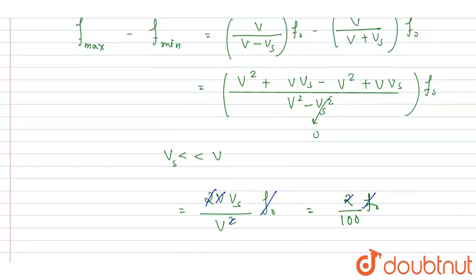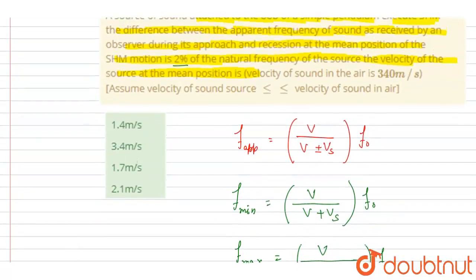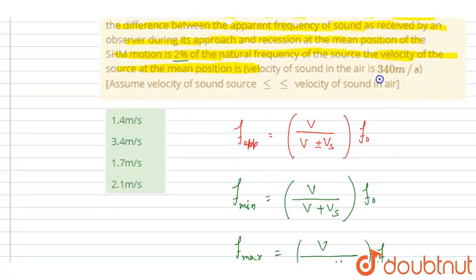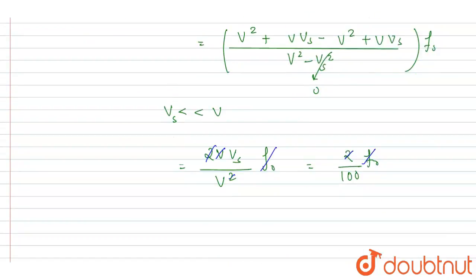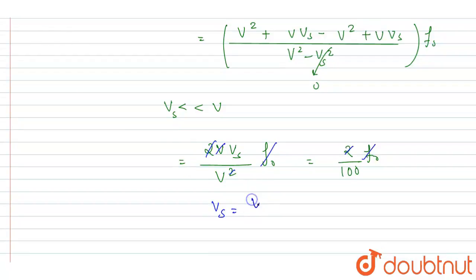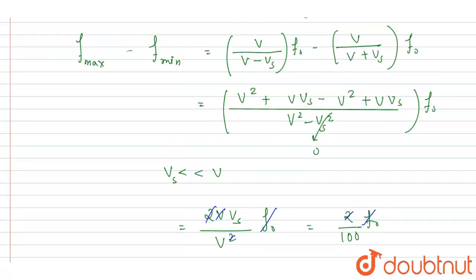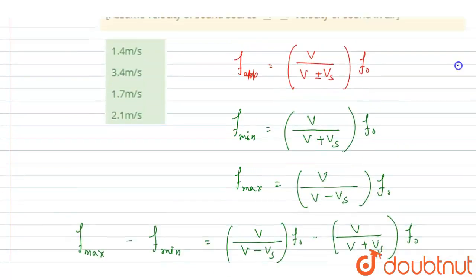If you put the value of v here, v is 340, put it here, 340. So vs is 340 by 100, which is 3.4 meter per second. Now if you check for the option 3.4 meter per second, B is the correct one.